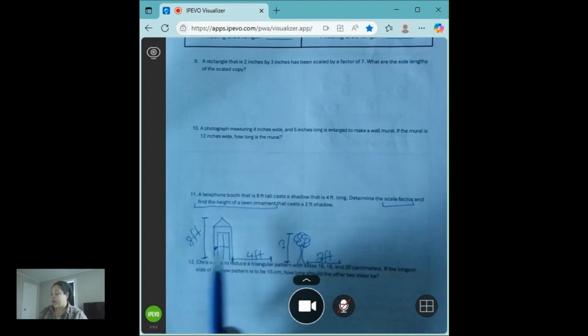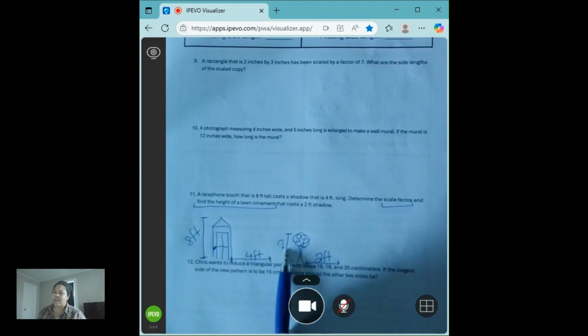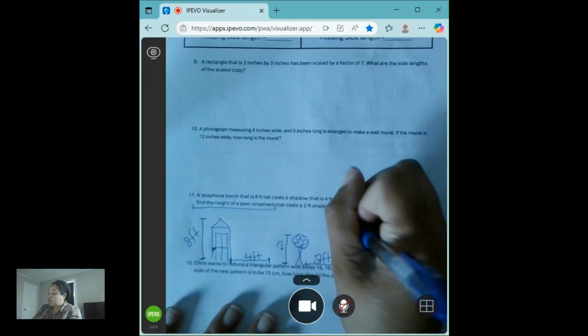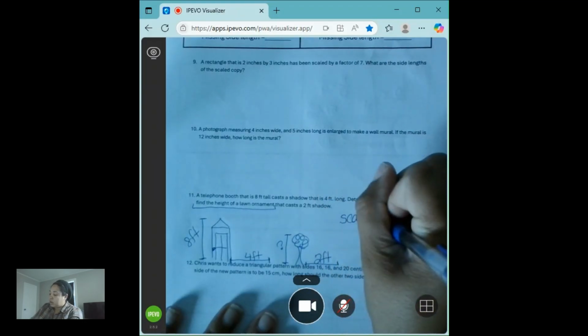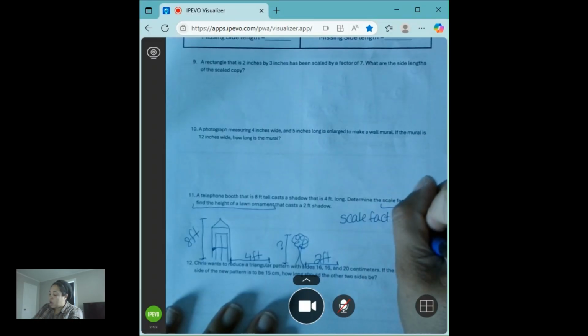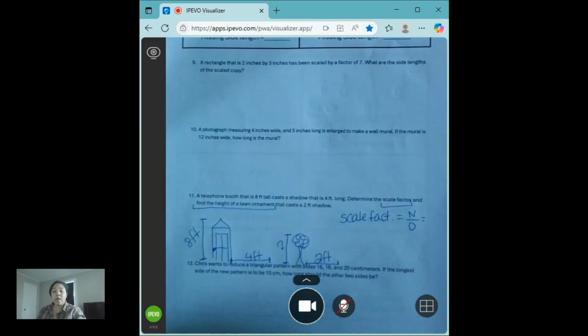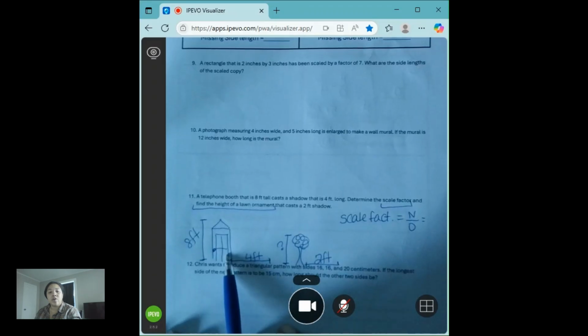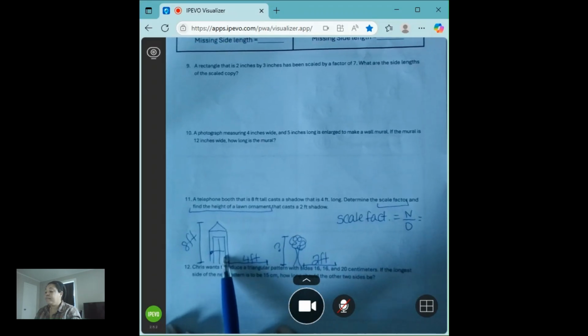So I have my height and shadow, but I don't have the height here, but I have the shadow. So to find my scale factor, you need to use your formula, N divided by O. So in this case, I can still highlight what I have. Your telephone booth is considered your old, original object.